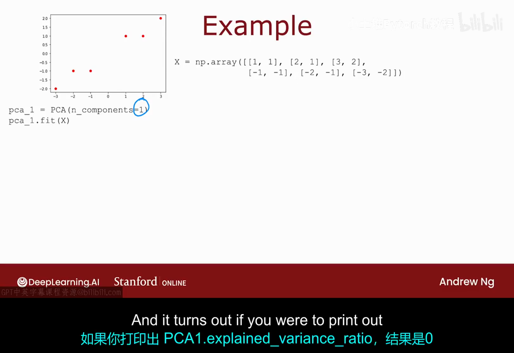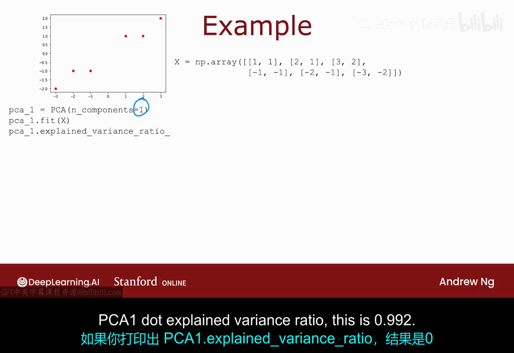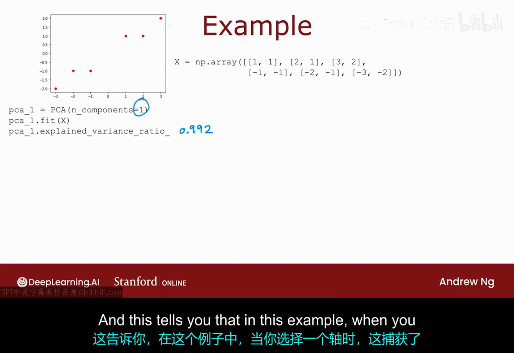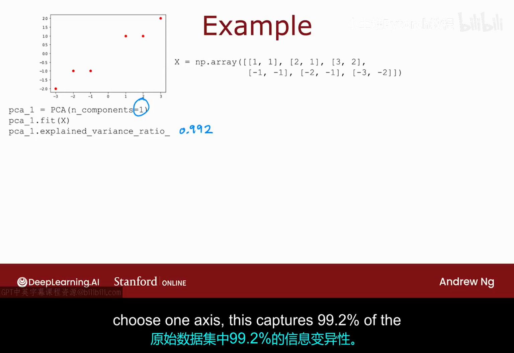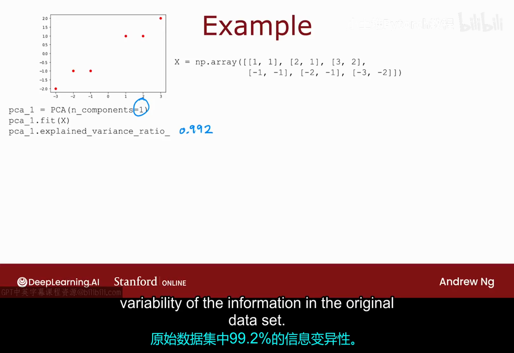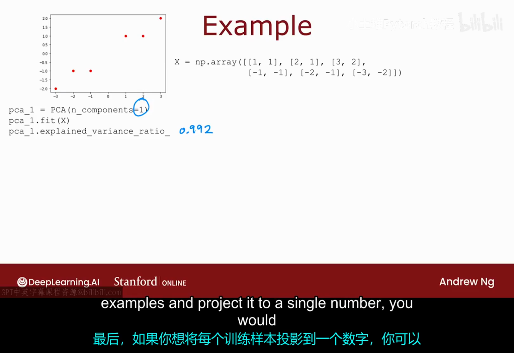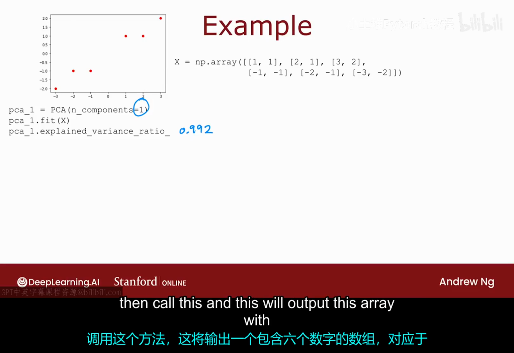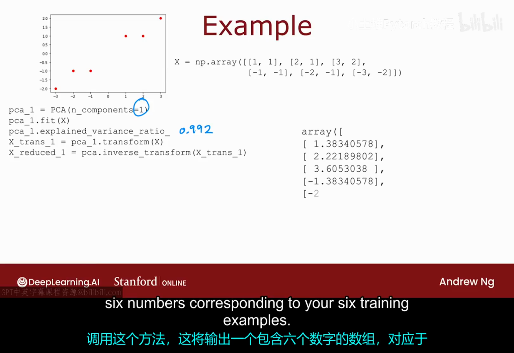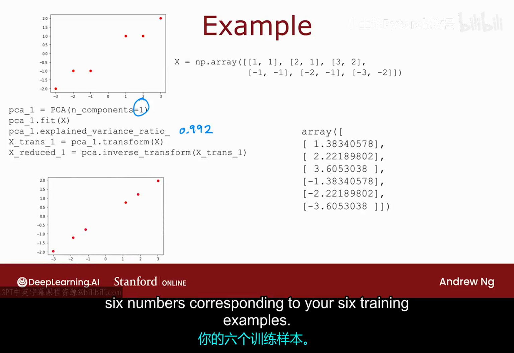And it turns out if you were to print out PCA1.explained_variance_ratio, this is 0.992. And this tells you that in this example, when you choose 1 axis, this captures 99.2% of the variability or of the information in the original dataset. Finally, if you want to take each of these training examples and project it to a single number, you would then call this, and this will output this array with 6 numbers corresponding to your 6 training examples.